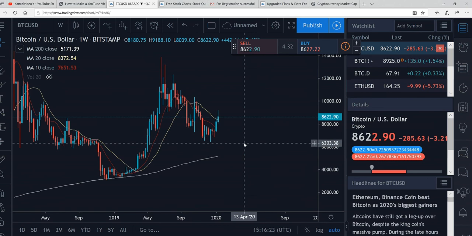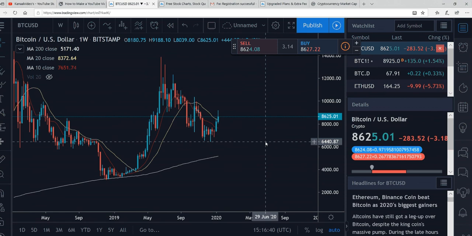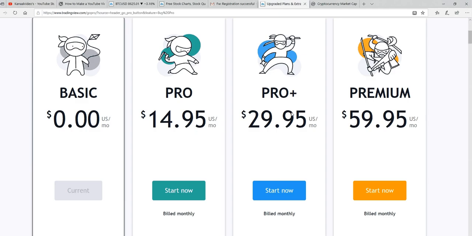The program you have received from Tradingview will only last for 1 month, and I've been using my Tradingview Pro account for more than a year now, and I've been using it for free. So if you want to do that as well, there's a possibility to do that. You can send me an email. I will put the link into the description, with the instructions how you can do that. You can just use your own account, and you have to do certain steps to get the account for free instead of paying $14.95 per month.